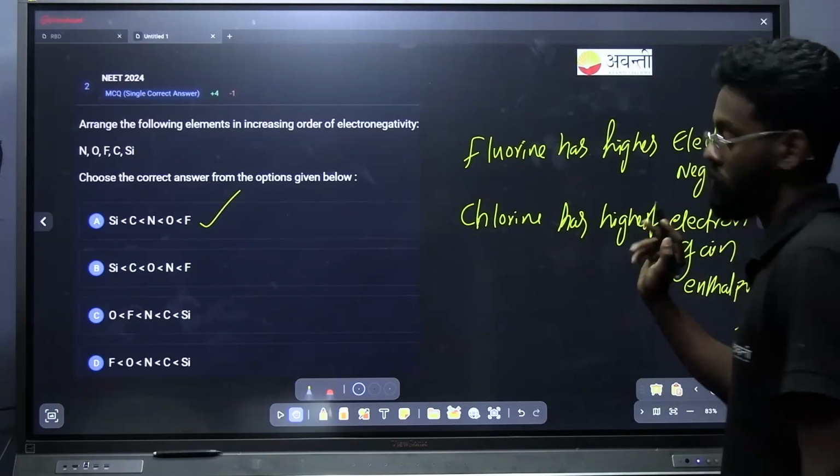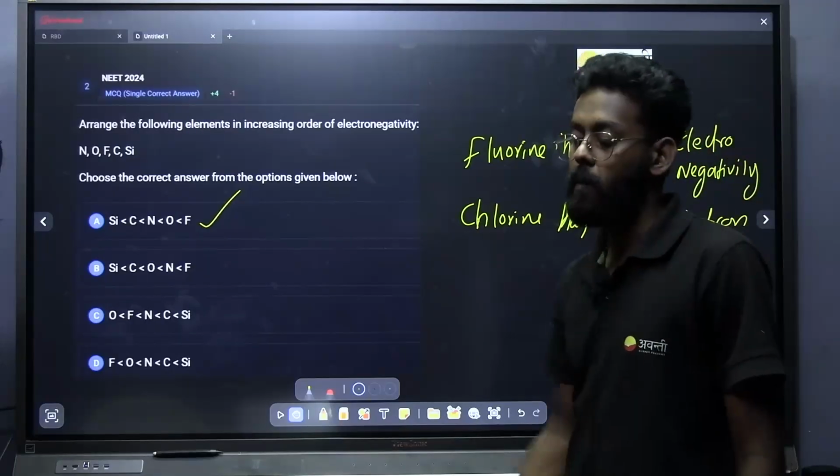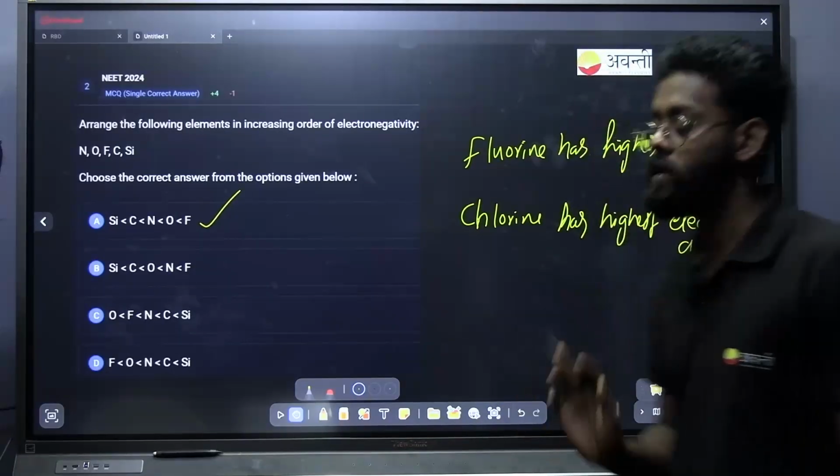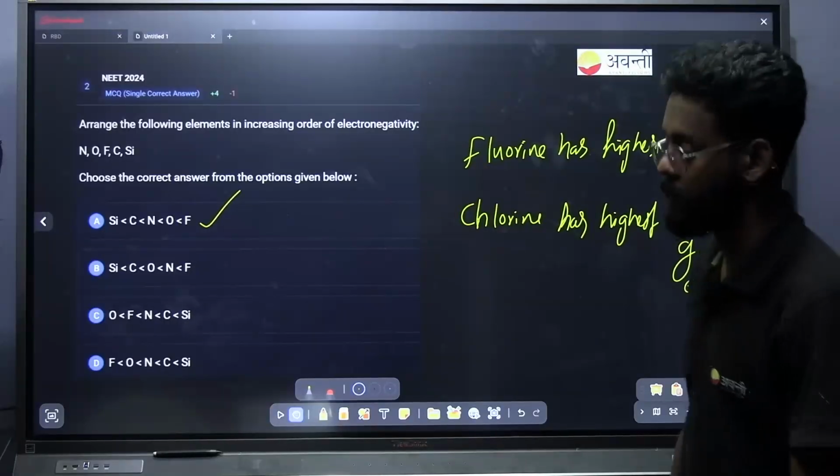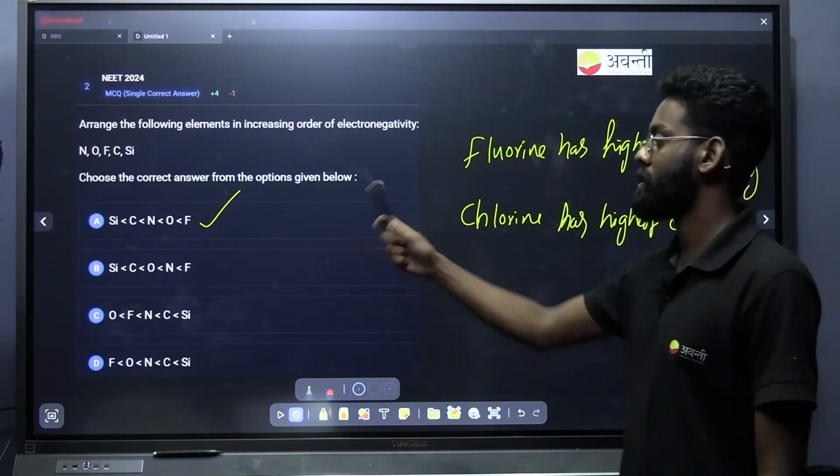This difference you should know. Fluorine has the highest electronegativity, but when it comes to chlorine, it has the highest electron gain enthalpy in the periodic table. So option A is the correct one.